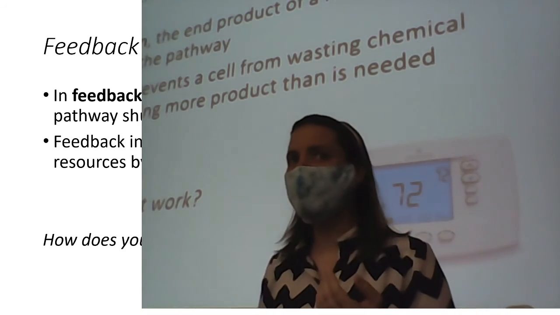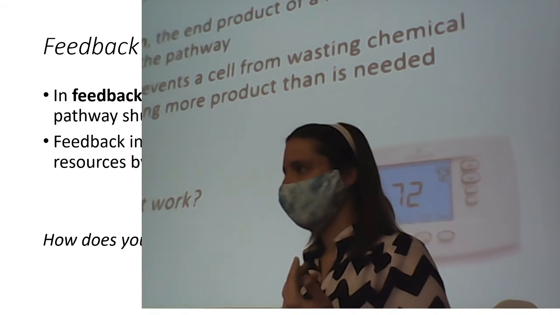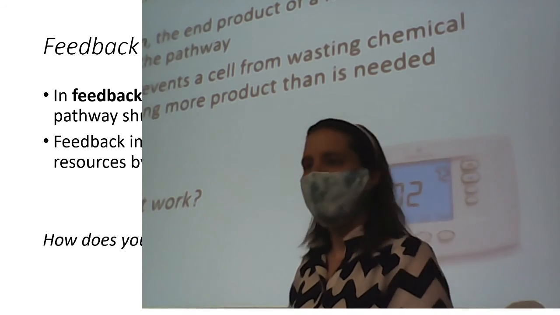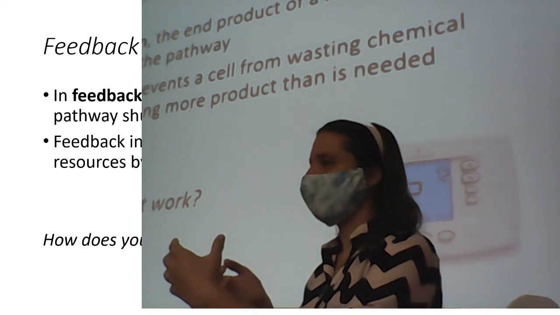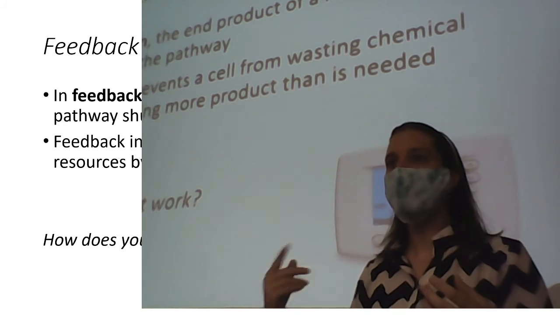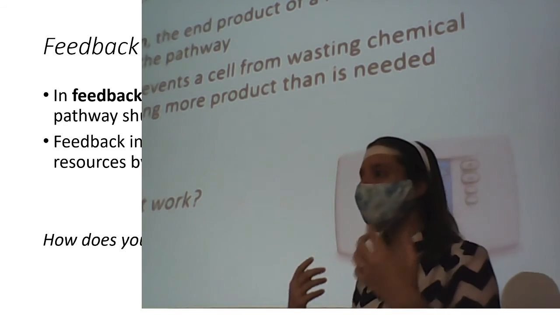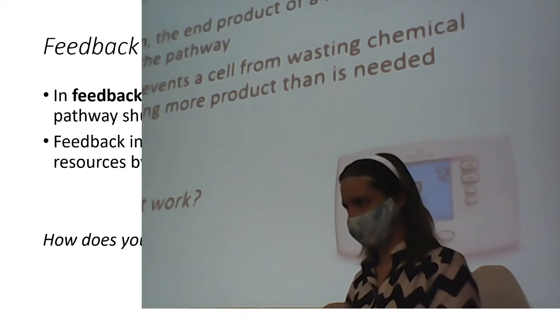This is really good because otherwise you make way too much of whatever it is you wanted, right? You want this particular sugar, but you have to break down something to do it. You don't want to just run this forever. You want to make however much you need and then be done, right?